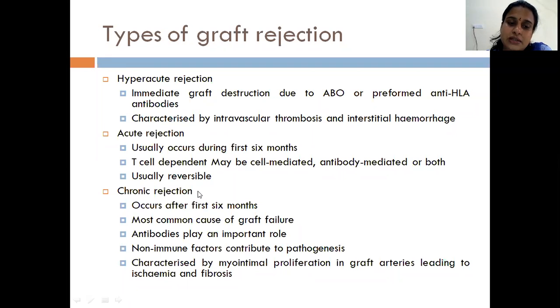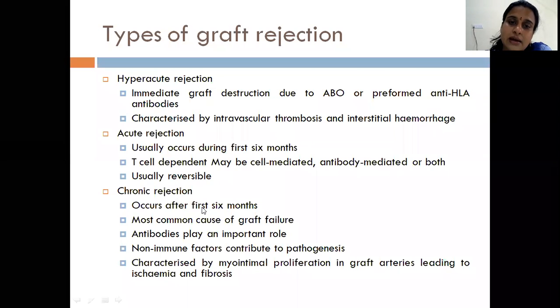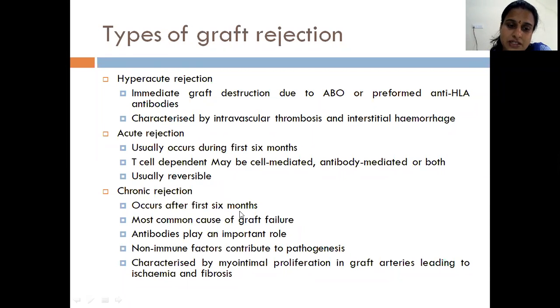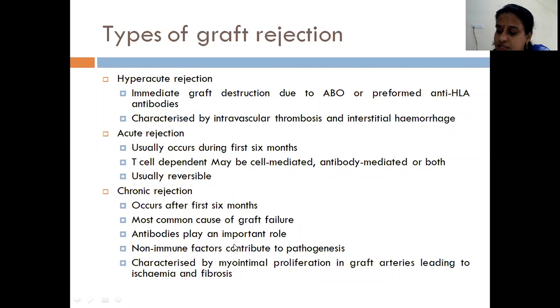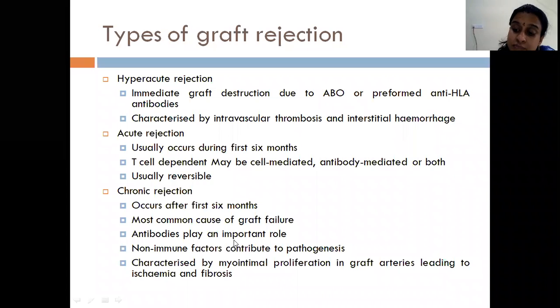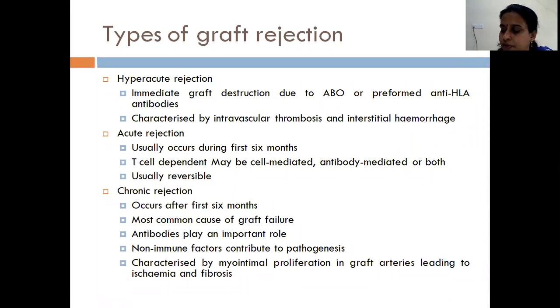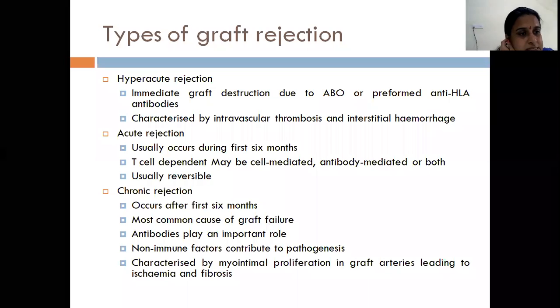Then chronic rejection occurs after the first 6 months of transplantation, and this is the most common cause of transplant failure. Here, the antibodies that are slowly and progressively formed play an important role. This chronic graft rejection may be because of certain infections with cytomegaloviruses or poor immunosuppressive compliance.